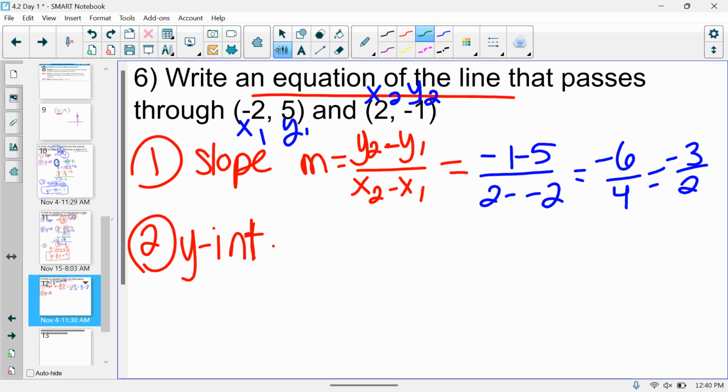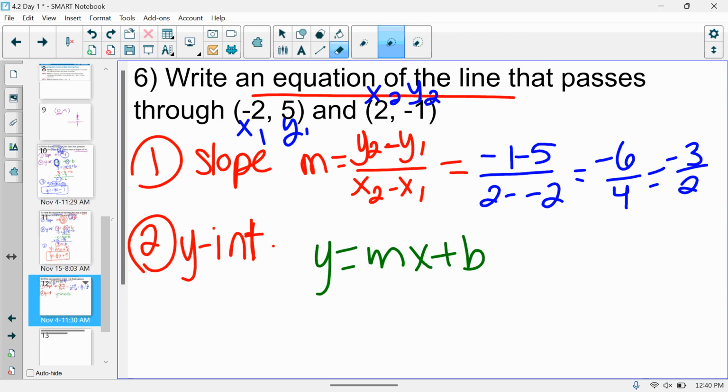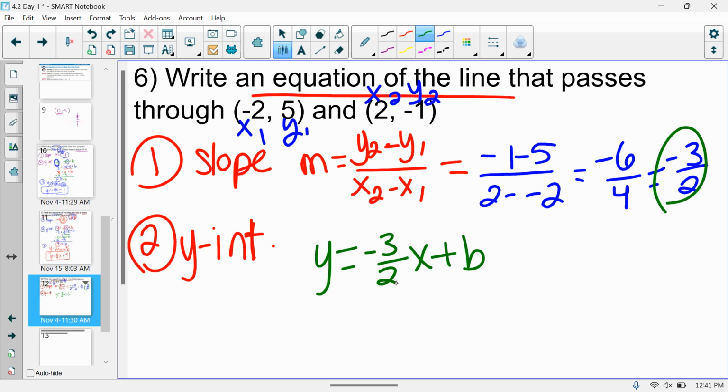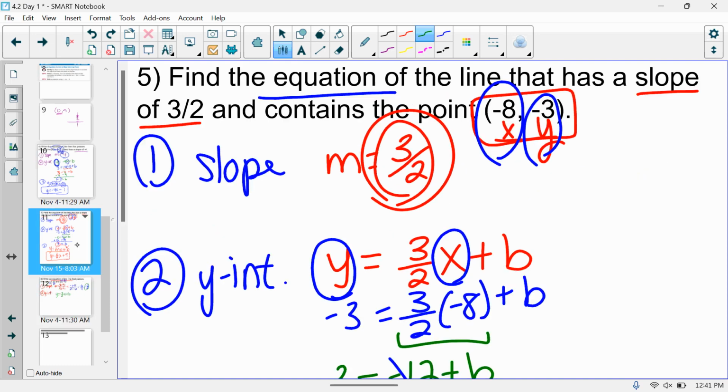So again, here's what we're going to do. We're going to take our formula, y equals mx plus b. First thing we're always going to do is fill in the slope that we just found up here. Now, again, I want you to think about this, guys. This is a little harder than the last one. On this one, we only knew 1 point on the line.